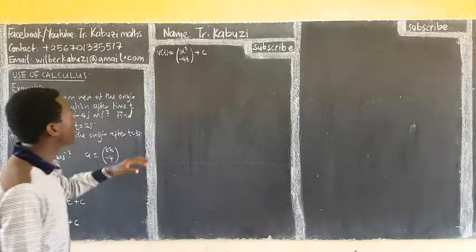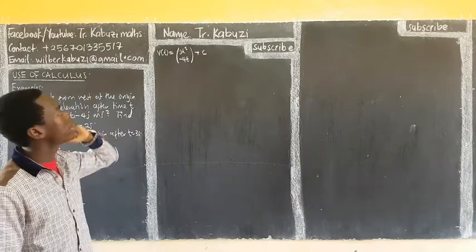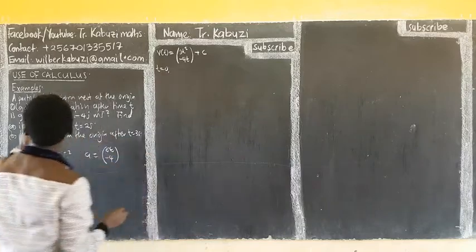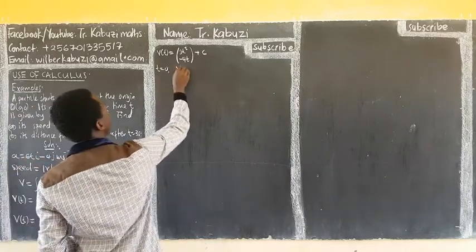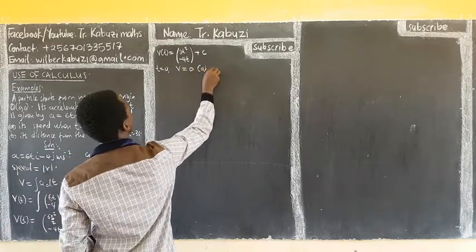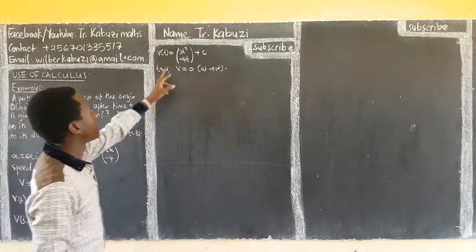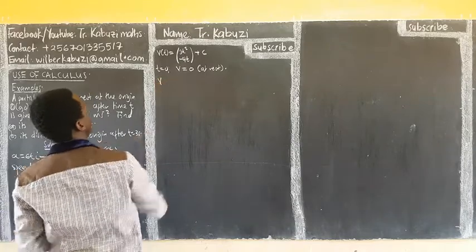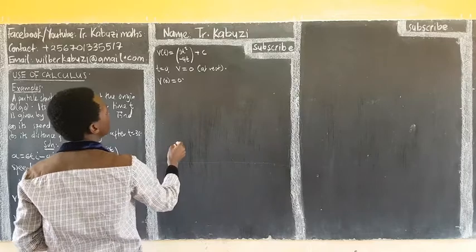So now we need to know what this constant is. So we put in the conditions. When t is 0, remember the particle was at rest at the origin at the start. So it means it had 0 velocity at rest. So when time is 0, v is equal to 0.